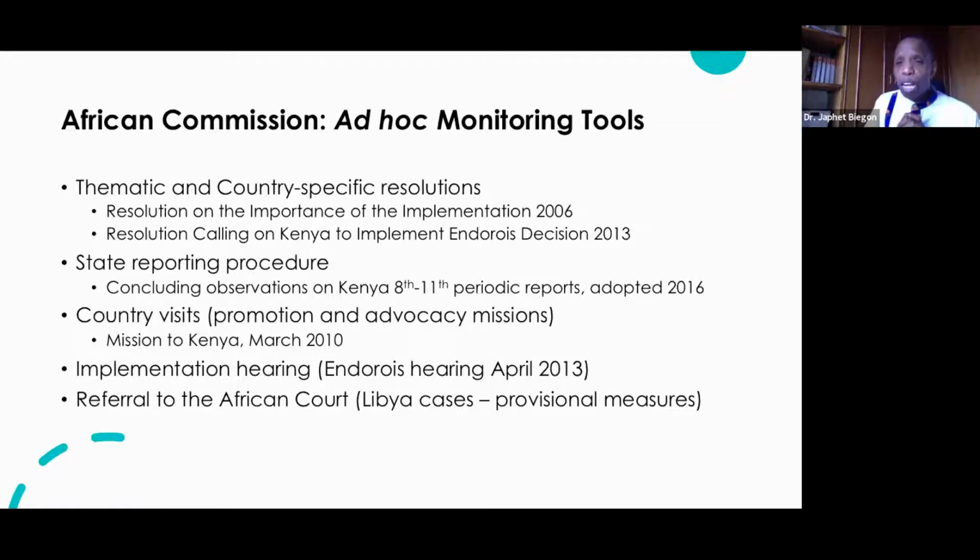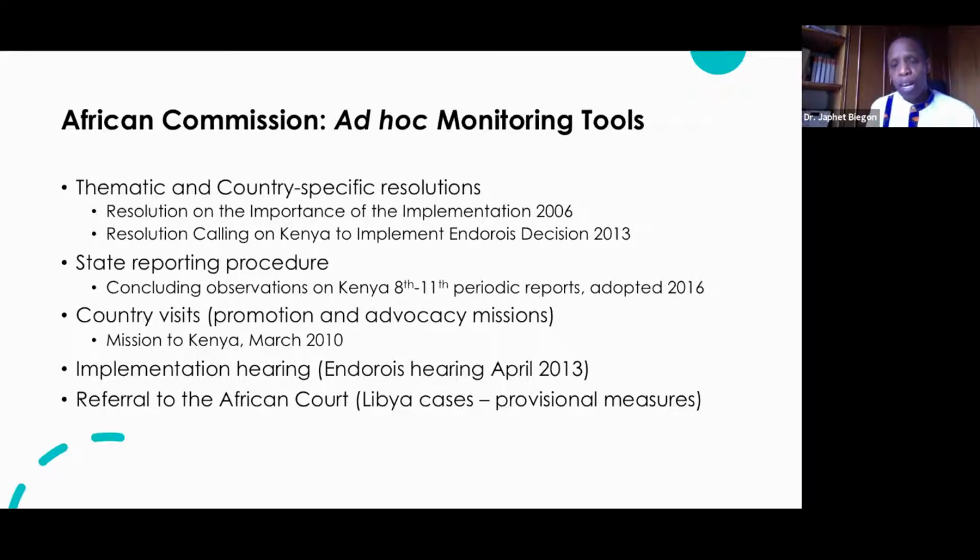This resolution asked state parties to comply with the decision after a study that was compiled by the Commission itself found that very little had been done by state parties in terms of implementing decisions of the African Commission. Then after this 2006 resolution, we see the African Commission also adopting country-specific resolutions that call on specific countries to comply with the decisions.